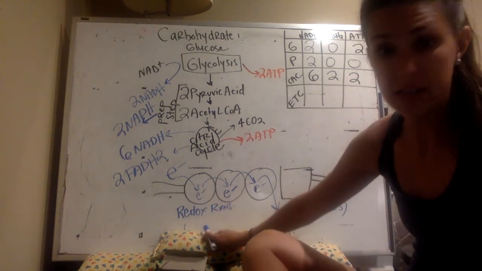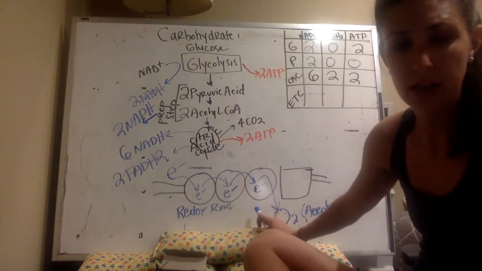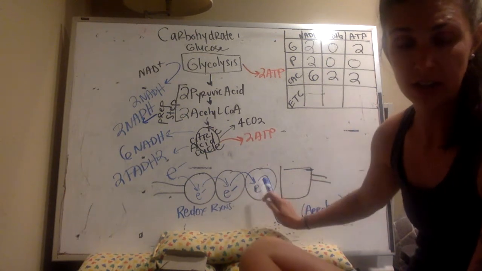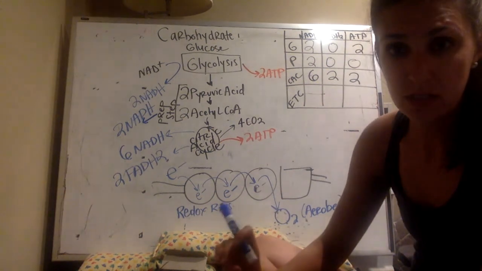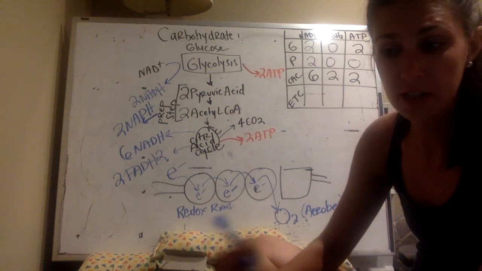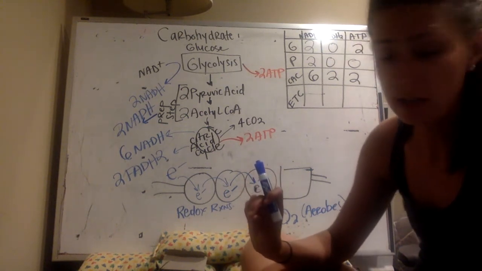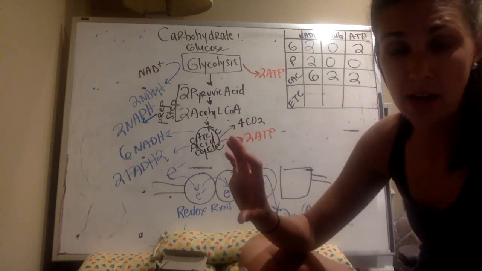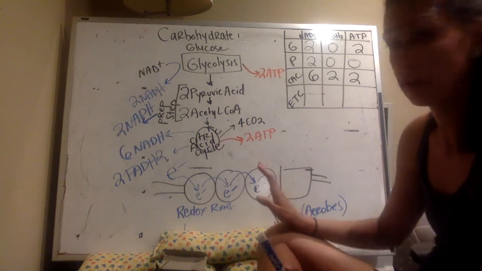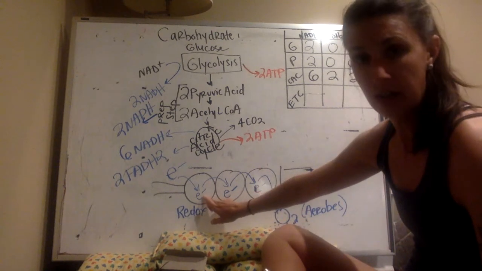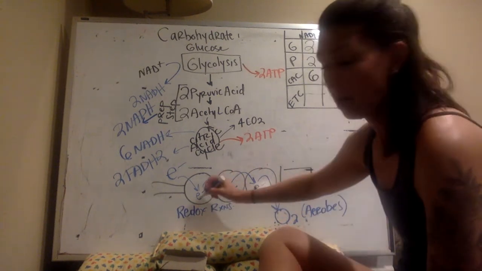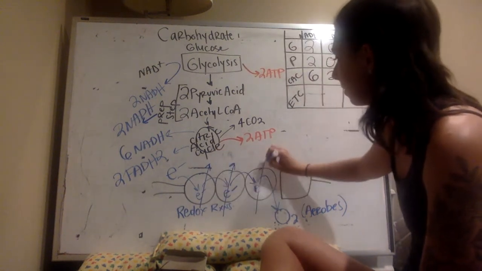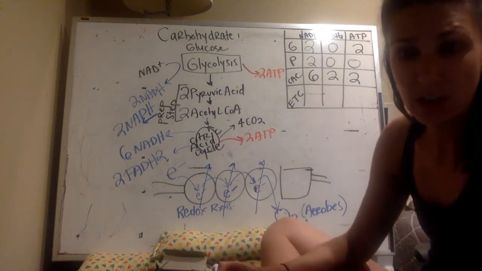Why are all these enzymes passing this electron down and doing these redox reactions? The reason is that these redox reactions will power the active transport of hydrogen against its concentration gradient to make a concentration gradient outside of the membrane. Okay, so let's go through that again. These redox reactions are pumping hydrogen ions against their concentration gradient.